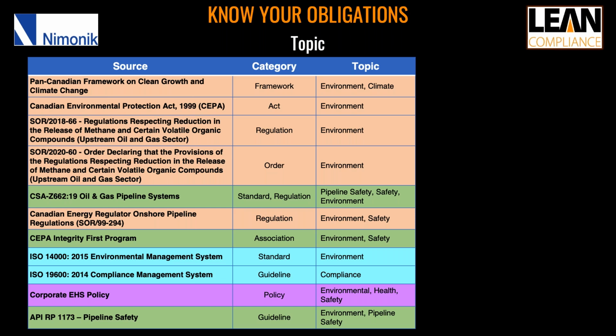So it's important to know which ones these cover. Obligations are often missed by assuming that an obligation source only pertains to one topic or only contains one kind of obligation type.